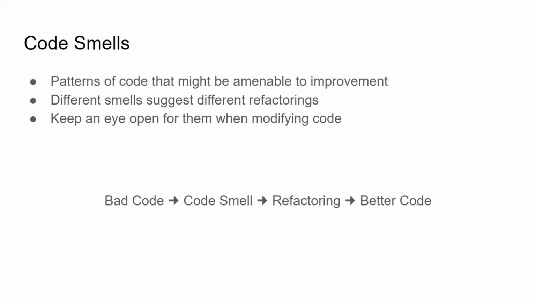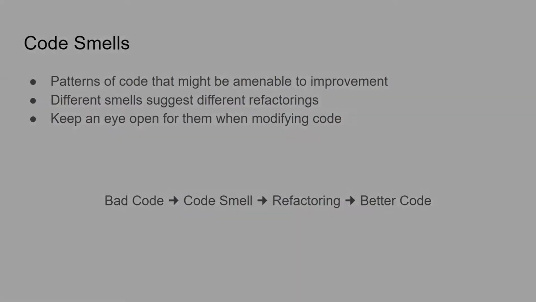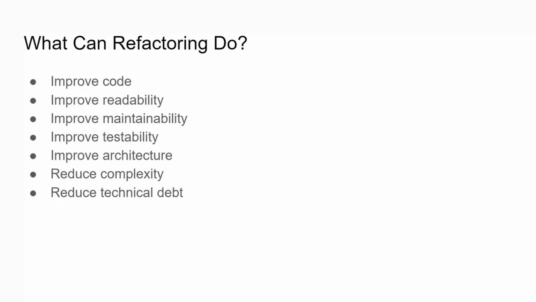But as with anything, refactoring doesn't necessarily mean improving code. It just means changing code. So what can you do with refactoring? It's primarily about improving code, and I like to use it to improve readability. Readability is the key to maintaining large projects.